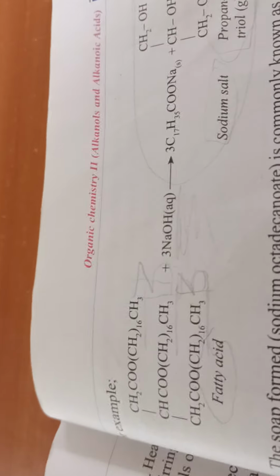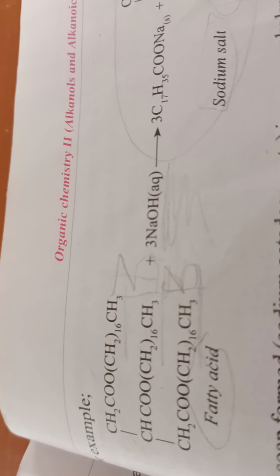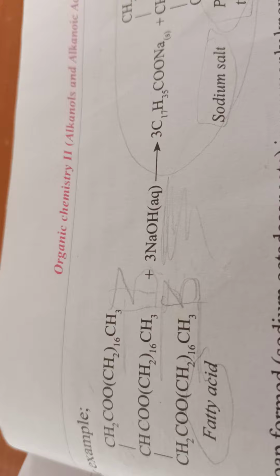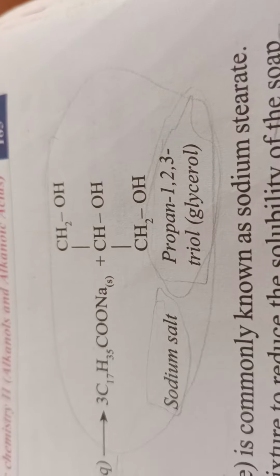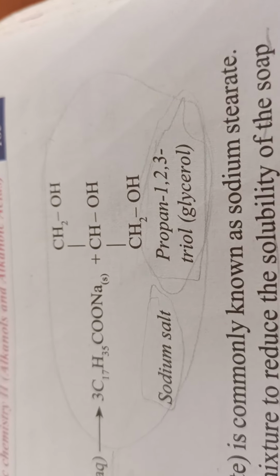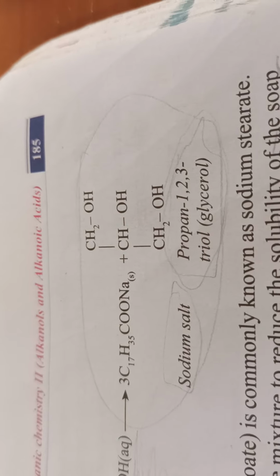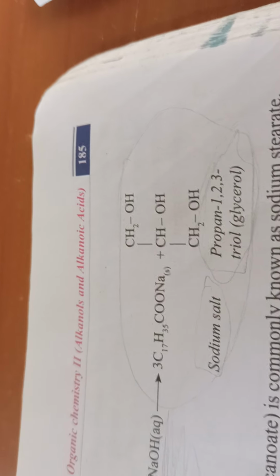We have the alkyl group there, the fatty acid hydrolyzed by sodium hydroxide, the process we are calling saponification, and we are getting a sodium salt there and a glycol. So the sodium salt there is the soap. That is a soapy detergent with an alkyl group.